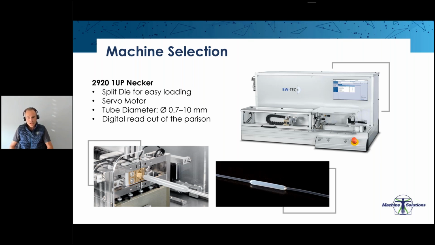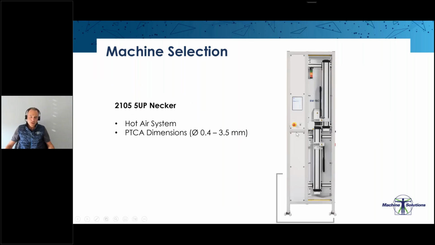This machine can do 0.7 and up to 10 millimeters in tube diameter. So basically the whole range that we need for all kinds of different balloons. The next machine that I want to present is our 5-up necker, the 2105.